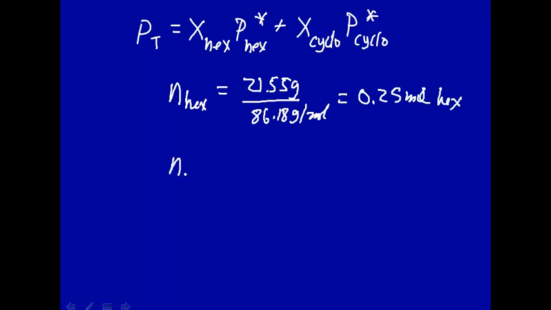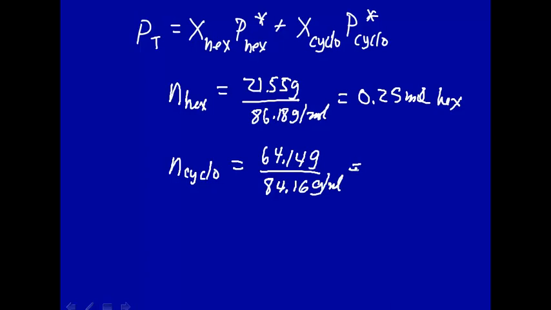Do the same thing for cyclohexane. The mass given in the problem was 64.14 gram, divided by the molar mass of cyclohexane, 84.16 gram per mole. That gives 0.762 mole of cyclohexane.